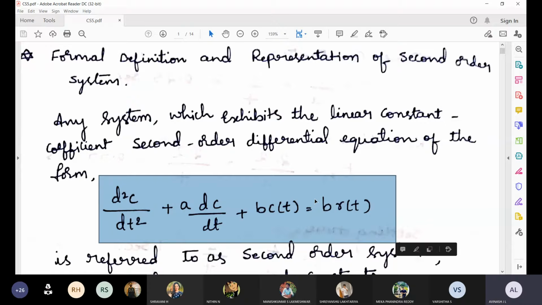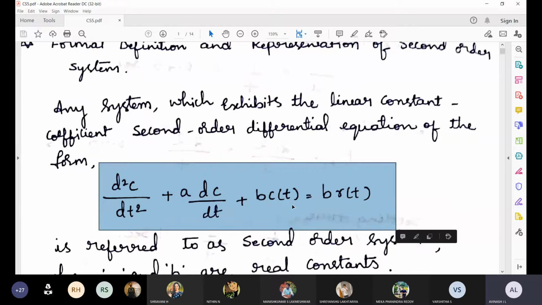How we represent the second order system, its derivation will not be asked in an examination. They will be asking you to derive the time response of the second order system, so we must know how we derive that also. So how do we form the second order equation? For that matter, I am discussing this particular thing.